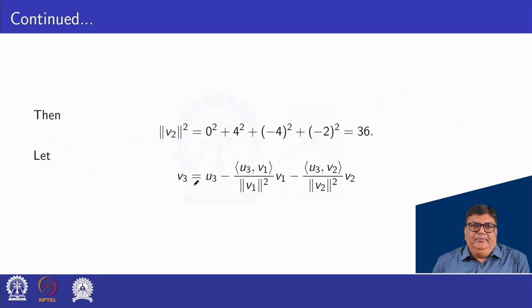Similarly, let V3 be equal to this, as discussed above in the Gram-Schmidt orthogonalization process.